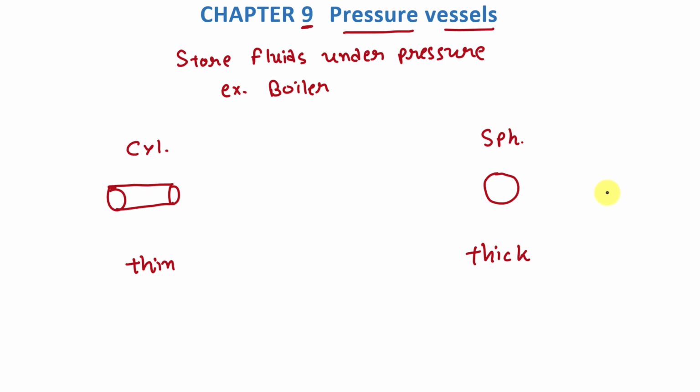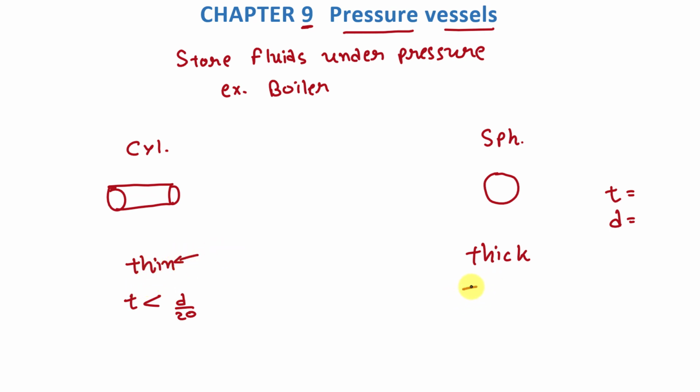Now let's say t is the thickness of this pressure vessel and D is the inner diameter of this pressure vessel. So if this thickness of pressure vessel is less than diameter by 20, then we can say that this pressure vessel is thin pressure vessel.